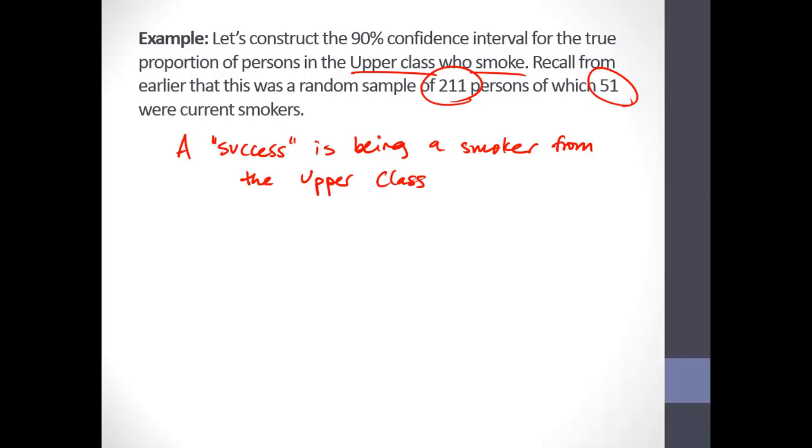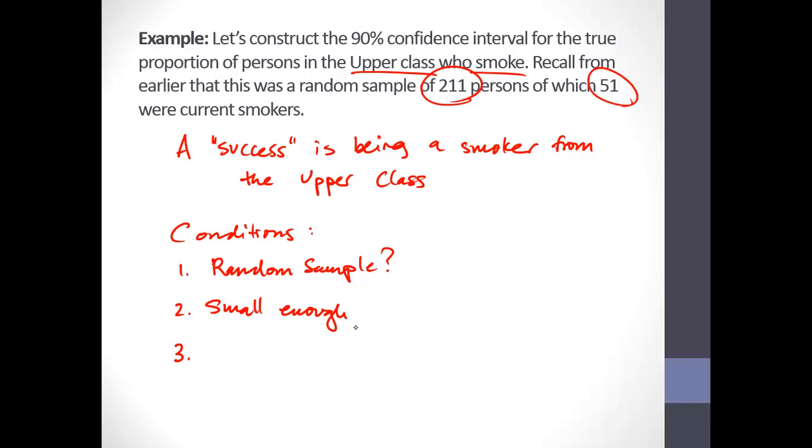And what do I need to do before I jump into calculations? Check conditions, right? That's absolutely right. Make sure our conditions check out before we forge ahead with calculating this interval. We have the usual 3: random sample, small enough, and large enough.